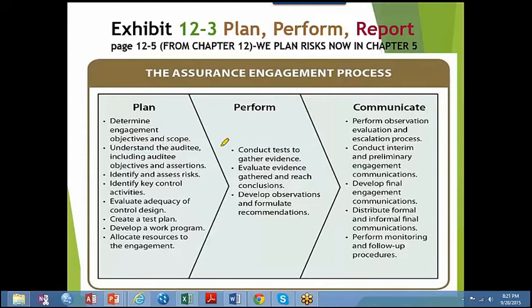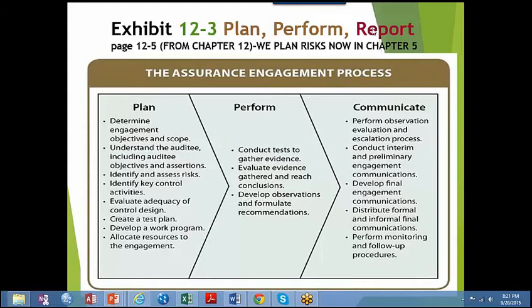So when we talk about assertions, we talk about this from the perspective of making sure that the things that management does, that management reports, the implied and explicit assertions related to this reporting, is in fact reported appropriately. So if a department that we're working with reports specific numbers, we are definitely going to be testing those numbers and making sure that this department is in fact reporting appropriately.